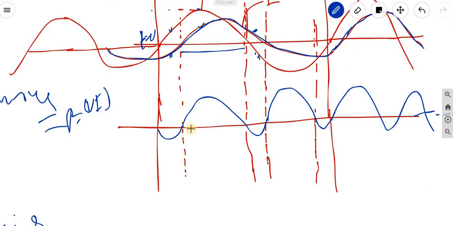Same thing, just consider the first one. So for the first case the DC line is PDC1, and for the second case it would be lower.